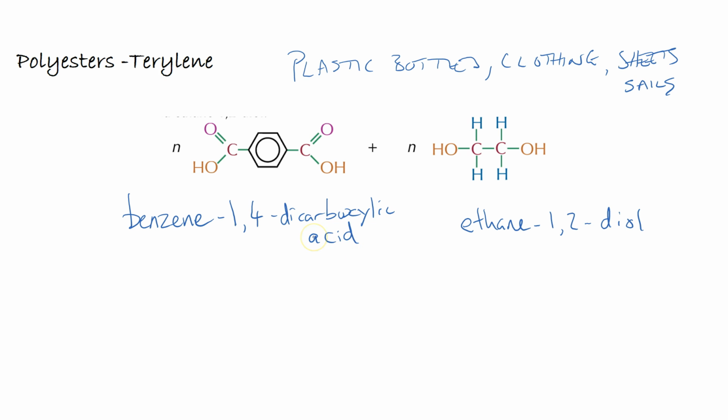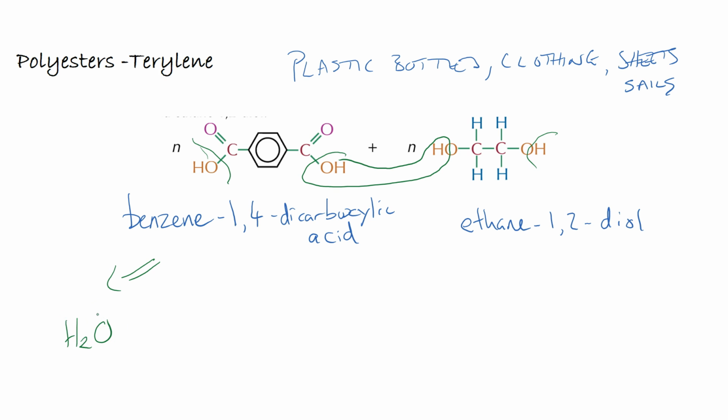So once again, we've got the diol and the dicarboxylic acid. We react these together then, and what happens is we get the condensation, the hydrogen from the alcohol and the OH from the carboxylic acid come off. These come off as water.